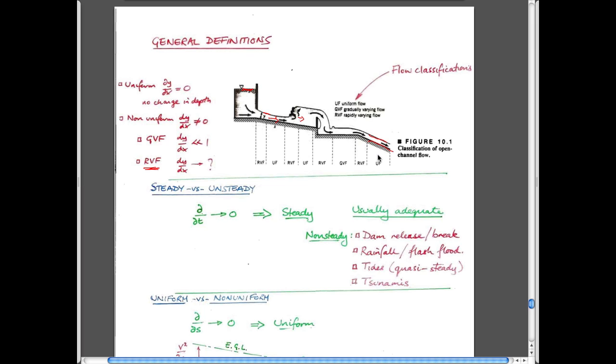Those are the conditions that define the difference between uniform flows, basically meaning that the depth of the flow is constant along the length and the slope of the bed doesn't change, versus rapidly varying flows where there's some big transition in the flow regime, typically because there's a difference between the depth of flow here and the depth of flow here. They're clearly not the same as you go downstream.